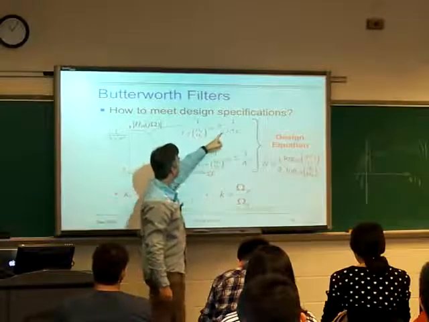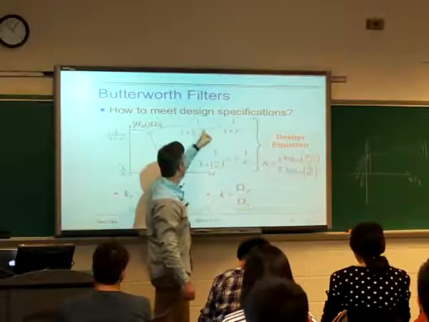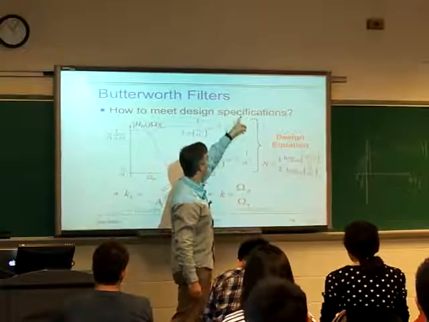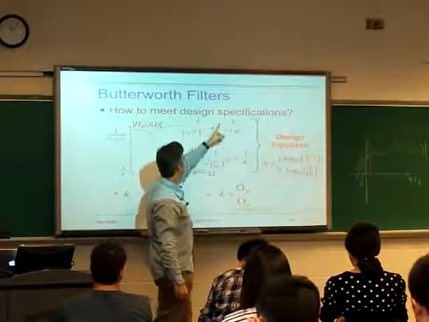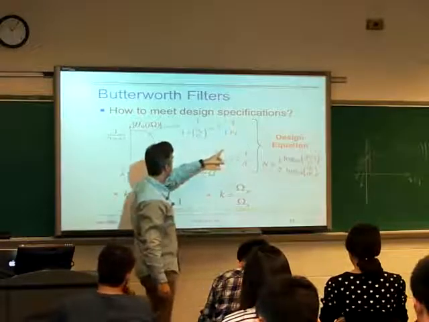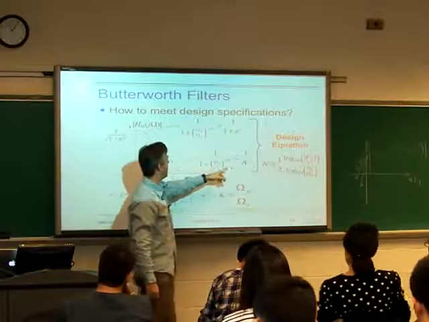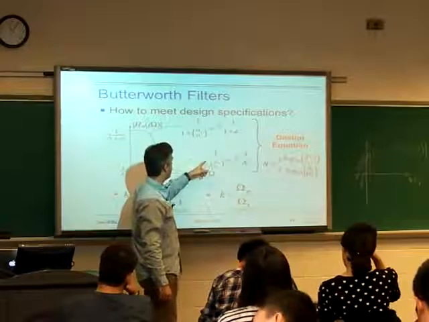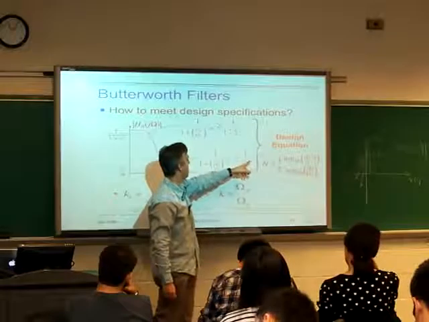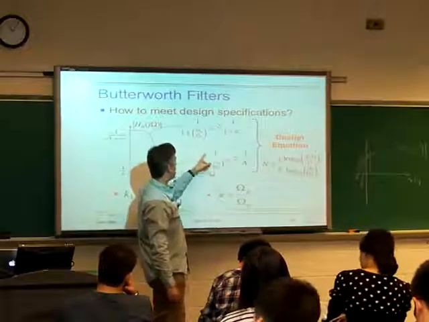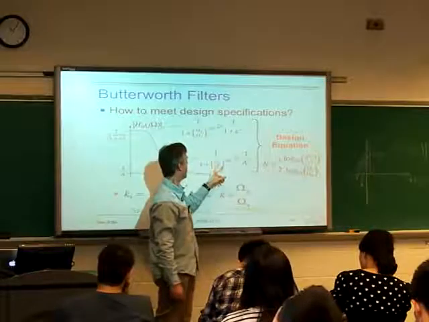And so we cross multiply here. You get 1 plus epsilon squared is greater than 1 plus omega p on omega c to the 2n. You subtract 1 from both sides, you get epsilon squared greater than omega p on omega c to the 2n. Do the same thing here. You get a squared is less than 1 plus omega s on omega c to the 2n. You then subtract this 1, so you get a squared minus 1 is less than omega s on omega c to the 2n.